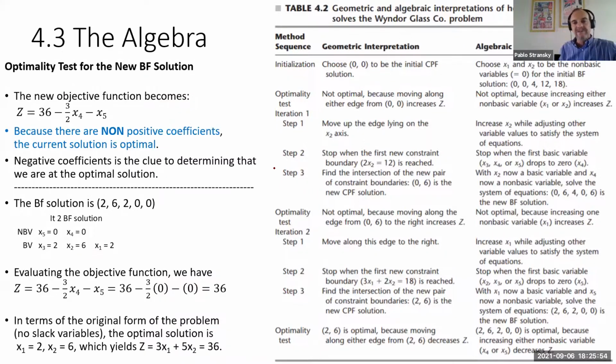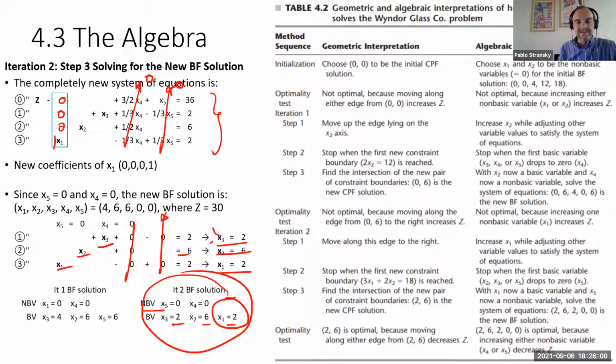So we finish step 3 and we go back to our optimality test. And we're taking this equation. This equation, we're going to transform it, okay? So it's now z equal 36, the plus 3/2 becomes minus 3/2 of x4.